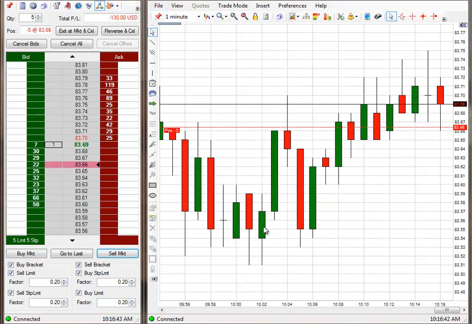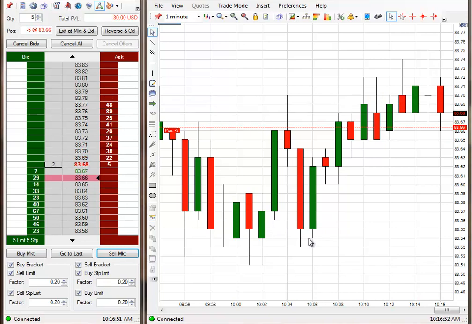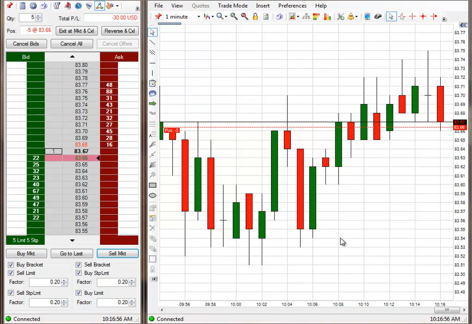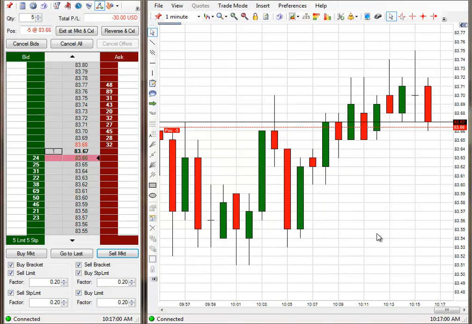Okay, I have taken an entry here to go short. And in the interest of time, let me go ahead and pause the video, and I will come back and show you the progression and of course the outcome of this trade. I'm going for 20 ticks.